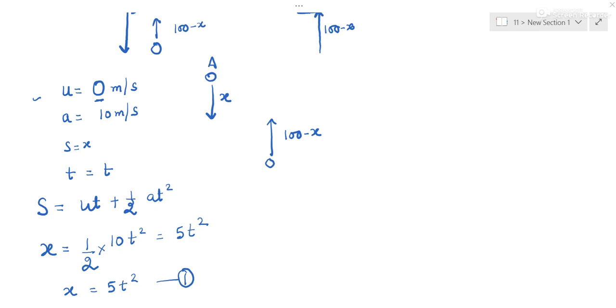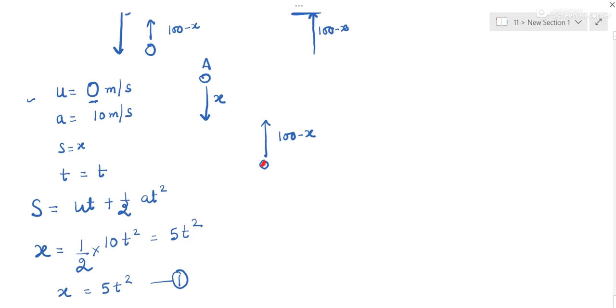Let us see the second one, which is going up. This stone is going up. It is also meeting after time t by covering this distance. So what is the distance for the second stone? 100 minus x. Time is t.